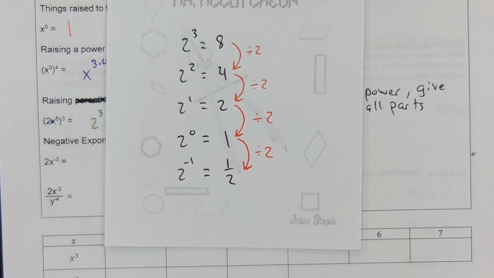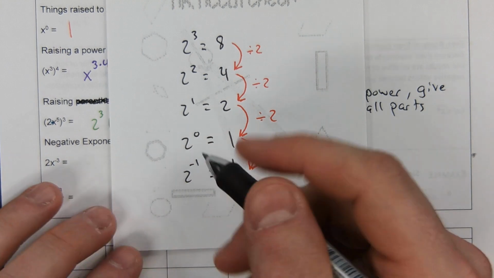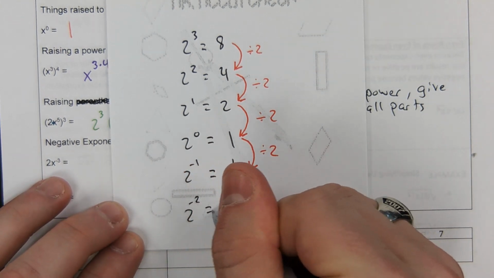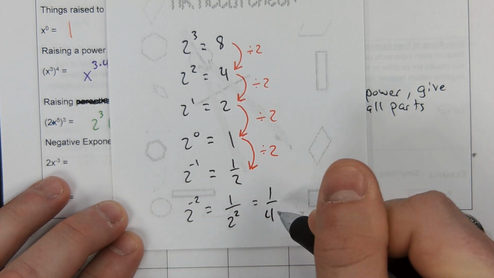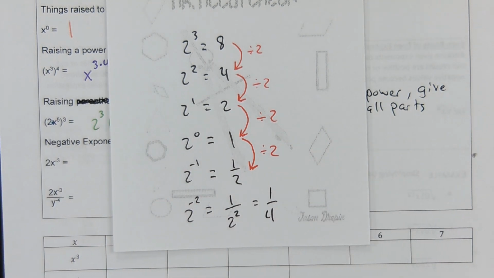So what is it that we think negative exponents do to things? What is it that we think negative exponents do, Daniel? What if it was already in the denominator?